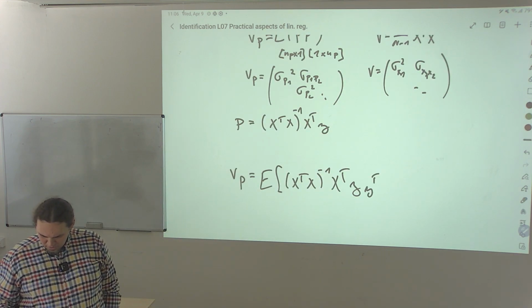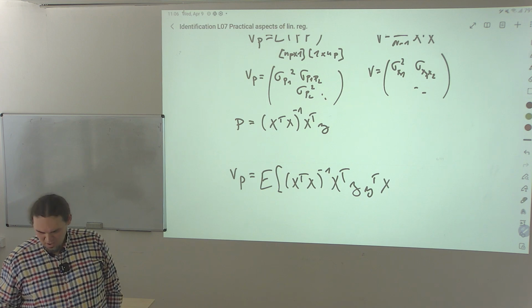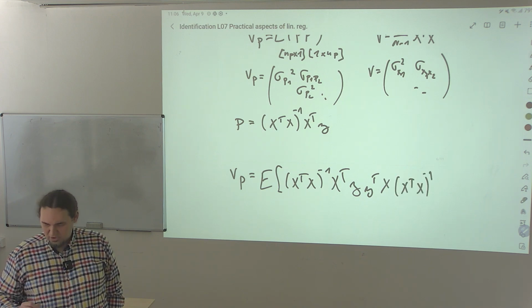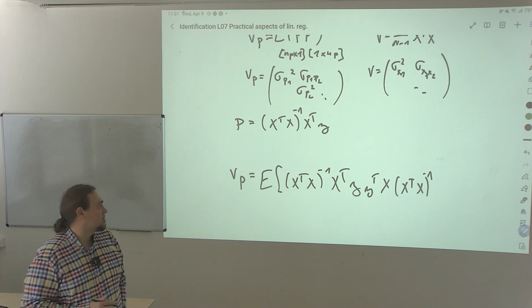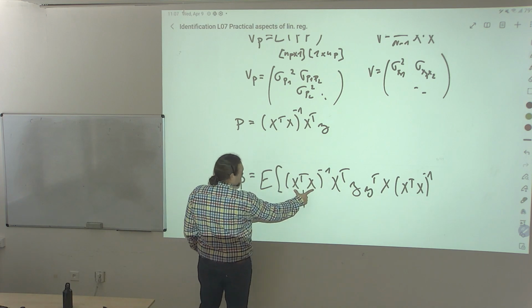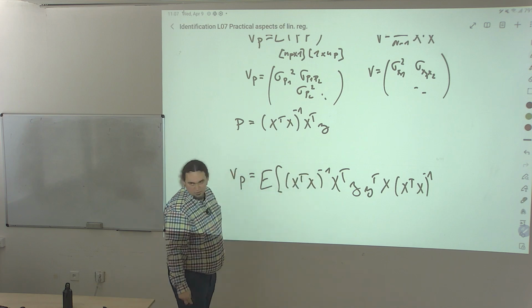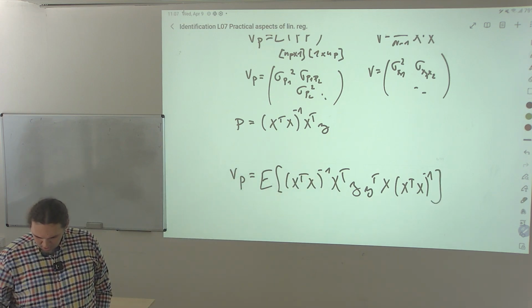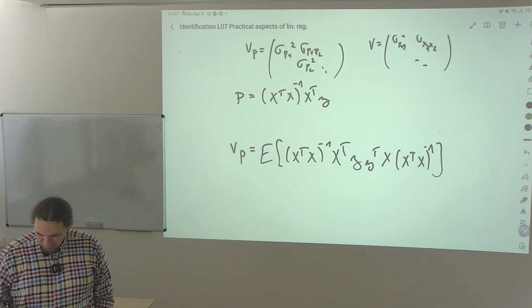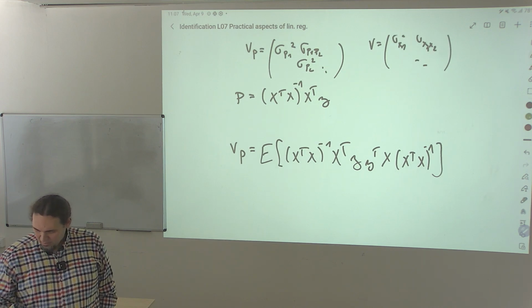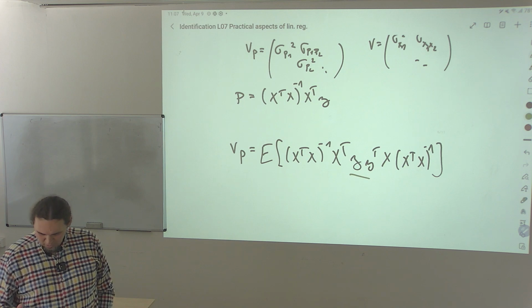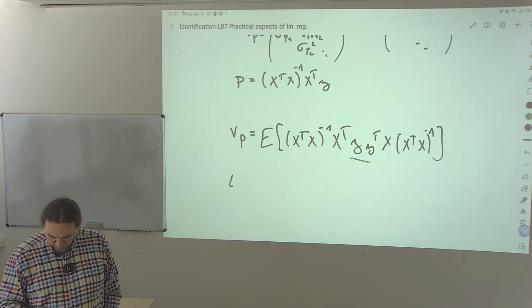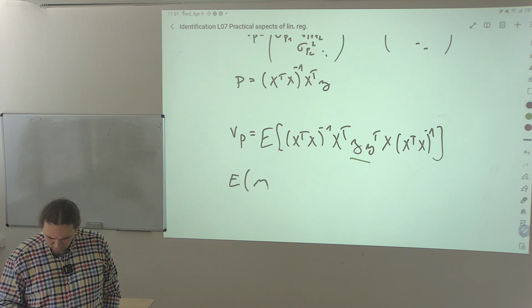So Y transpose, then X, and then we don't have anything to worry about because this matrix is symmetric. The covariance matrix is symmetric. Also, its inverse has to be symmetric. Okay, it doesn't look very easy, but we just need to recall something.